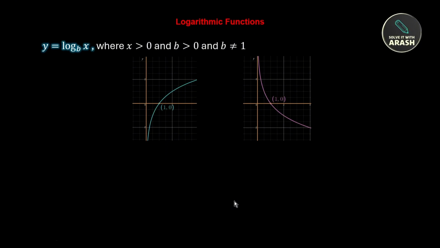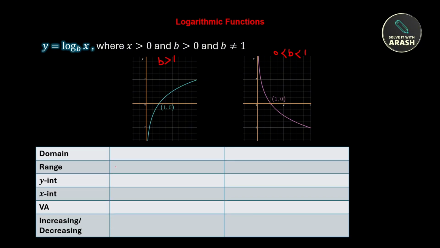Okay, in summary, we can have these two graphs for a logarithmic function, log b of x. When b is greater than 1, we're going to have an increasing function. If b is between 0 and 1, we will have a decreasing function. And in both cases, the x-intercept is 1 and 0. Let's summarize the features of these two graphs.